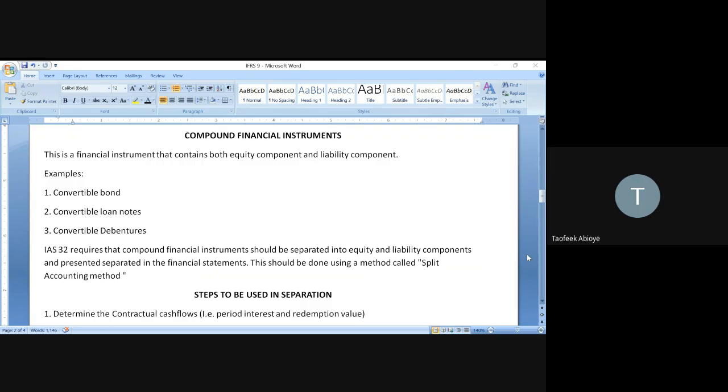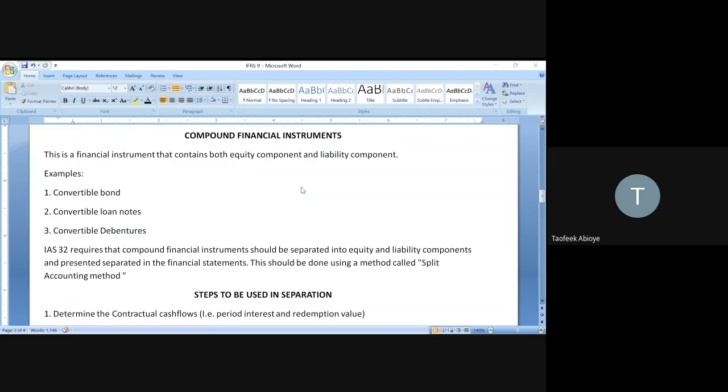Then what does IAS 32 say? IAS 32 is the standard that discusses compound financial instruments. And what does IAS 32 say? It requires that compound financial instruments should be separated.